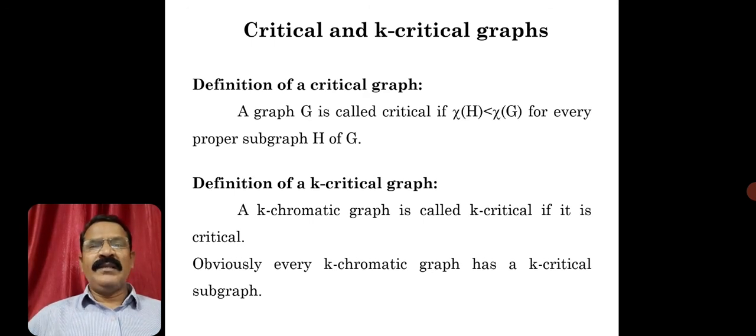So obviously every K-chromatic graph has a K-critical subgraph. It's very obvious.